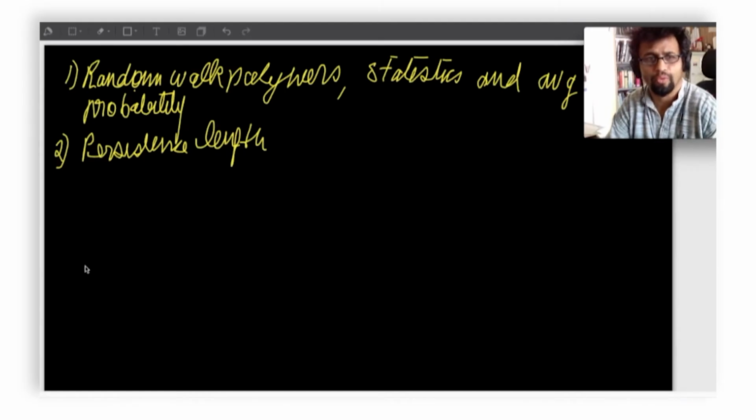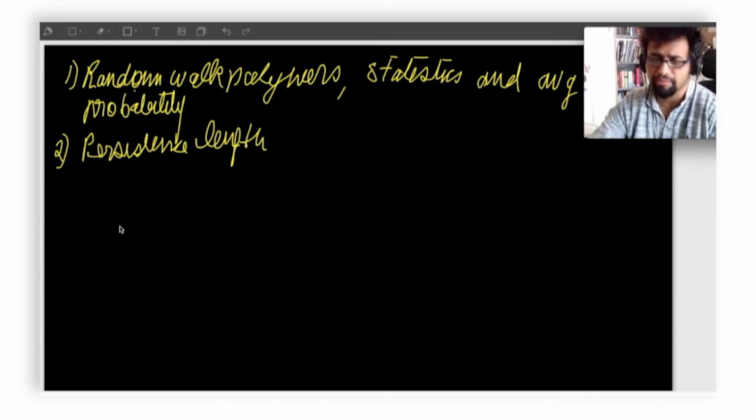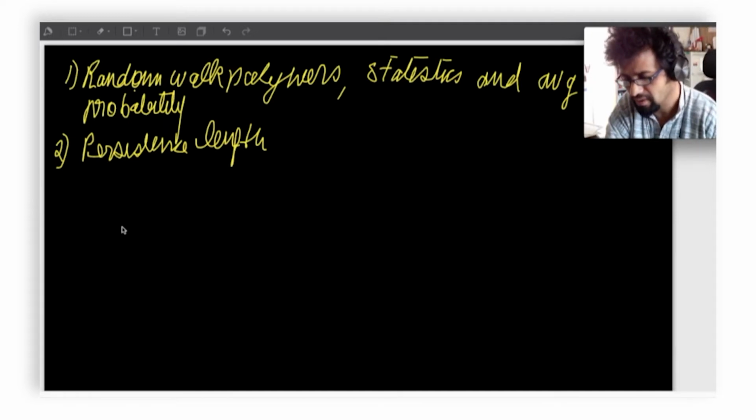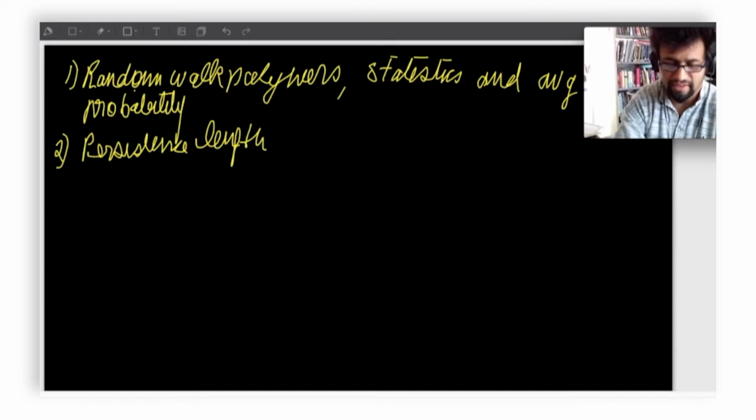So we just talked about random walk polymers, statistics and average probability distributions, and we want to continue with persistence length. In order to do that, we want to discuss very briefly the so-called Ergodic Theorem, which tells us that nearly every microstate approaches arbitrarily close to all of the true states of the corresponding ensemble in the course of time.